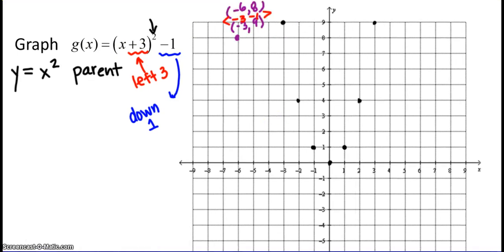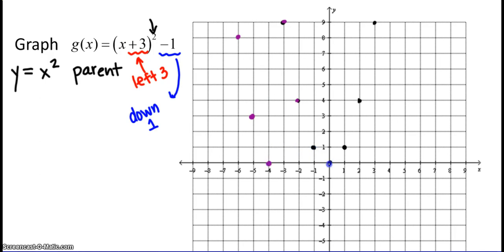Okay, so I am going to shift this function. I'm going to shift each point left 3 and down 1. So this point will go left 3, 1, 2, 3, and down 1. This point will go left 3, 1, 2, 3, and down 1.